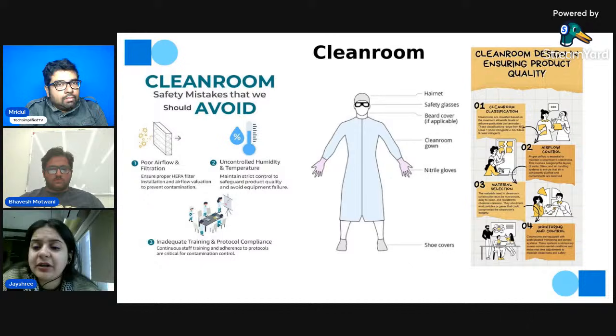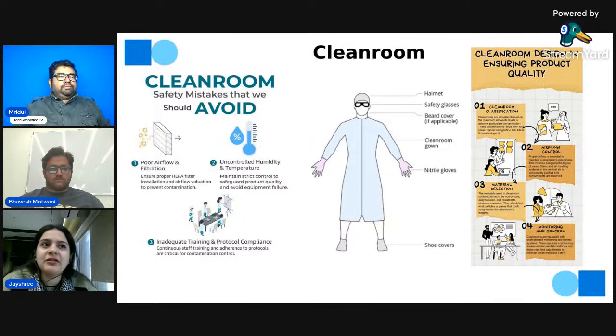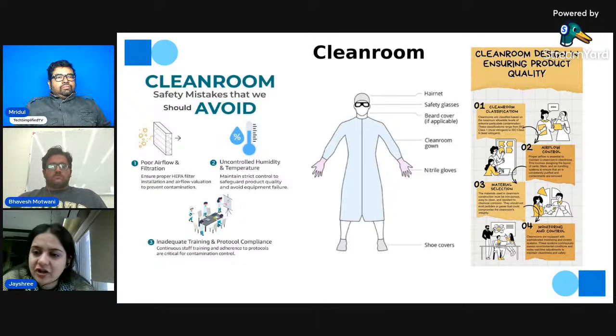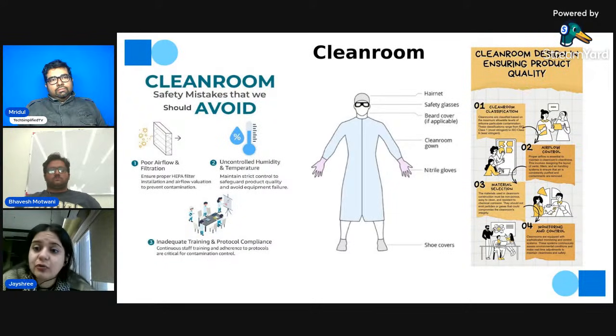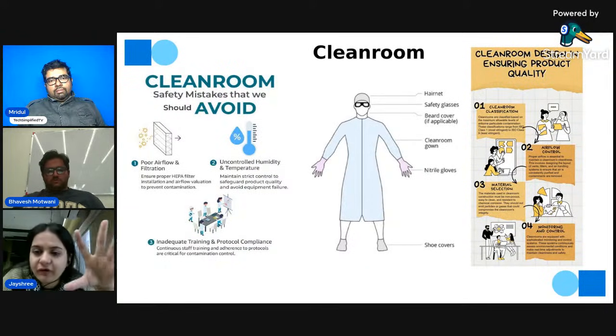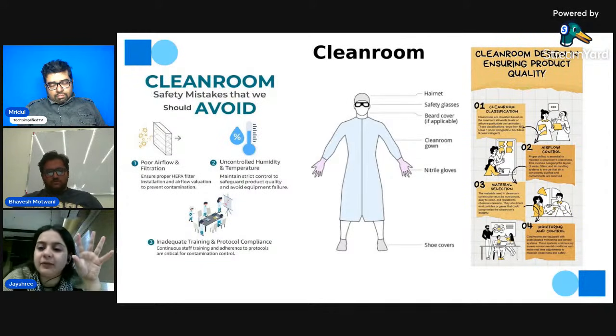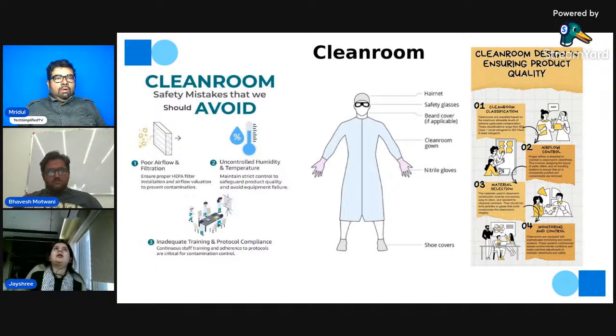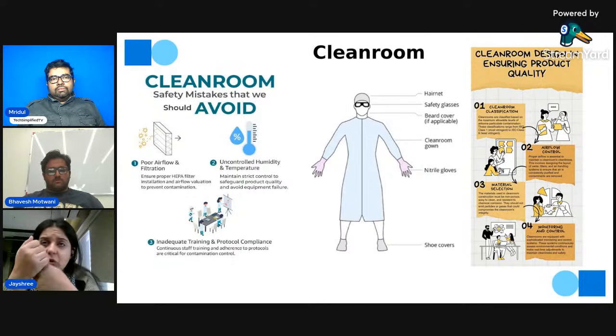Then the uncontrolled humidity and temperature. This is important again, because certain devices require a chilled temperature, and there are chillers to maintain it. There are also humidity monitoring systems, because this machinery produces so much heat that we need to maintain the temperature. And there should be complete training on what a person should go through, like certain safety protocols.